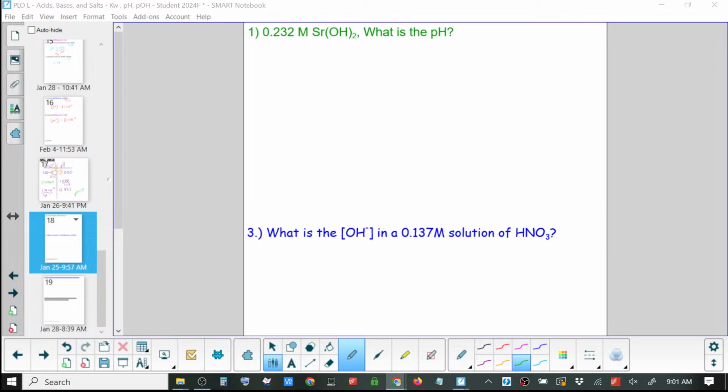It's a strong base, so it goes to completion. Wait, is that a strong base? Is that a strong base?